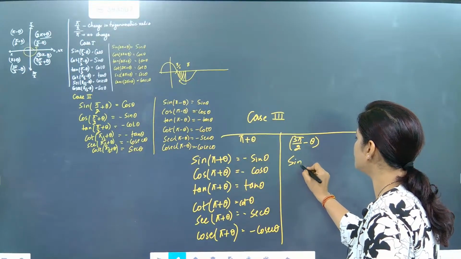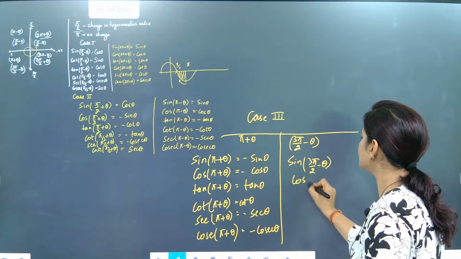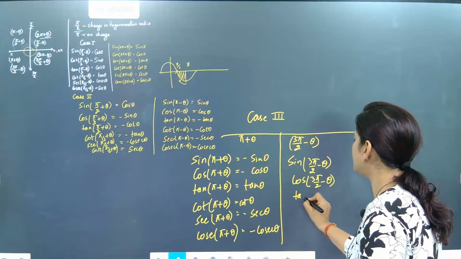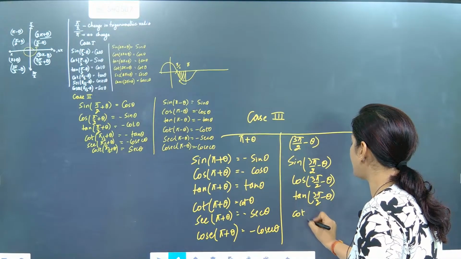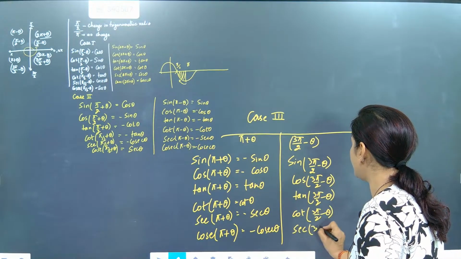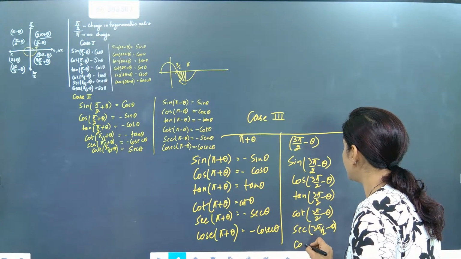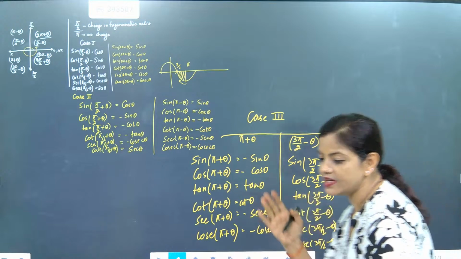Now we will go for sine of 3 pi by 2 minus theta, cos 3 pi by 2 minus theta, tan 3 pi by 2 minus theta, cot 3 pi by 2 minus theta, secant 3 pi by 2 minus theta, and cosecant 3 pi by 2 minus theta. That is 270 minus.